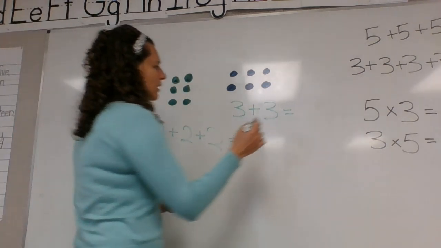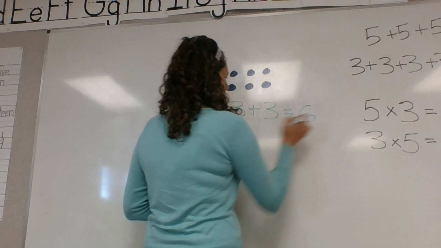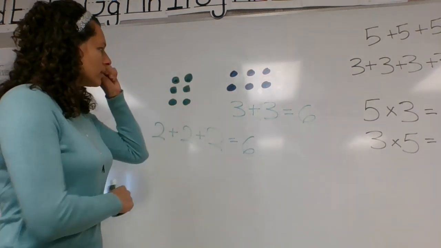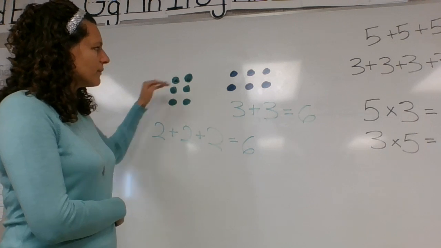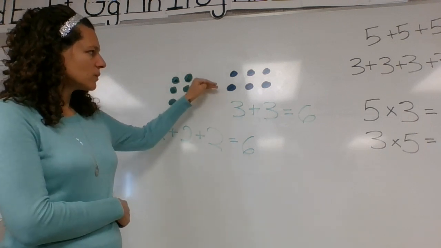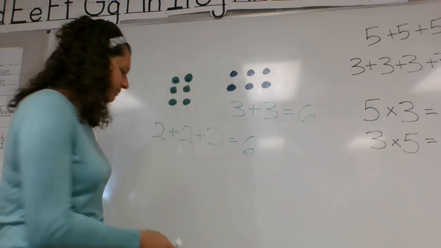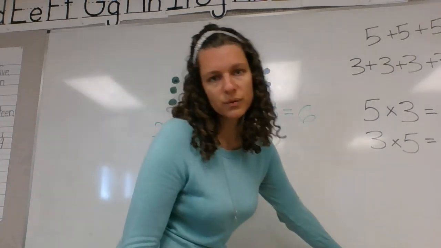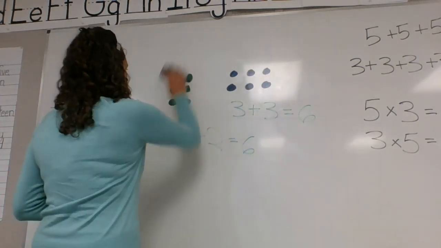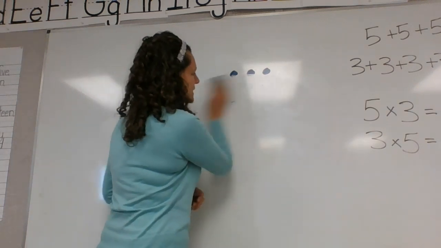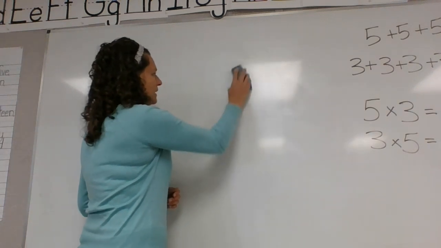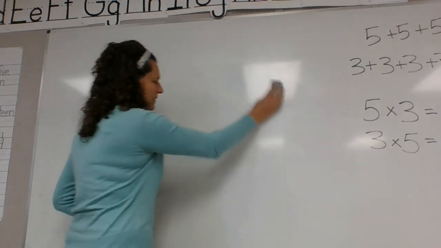Good, 3 plus 3 equals 6. So 3 groups of 2 is the same as 2 groups of 3. That's true for all multiplication. Every time we're multiplying, it does not matter which order our numbers are in, it's still going to be the same.